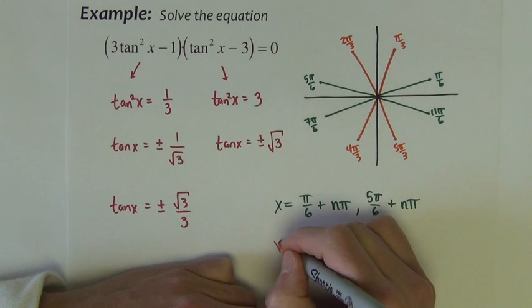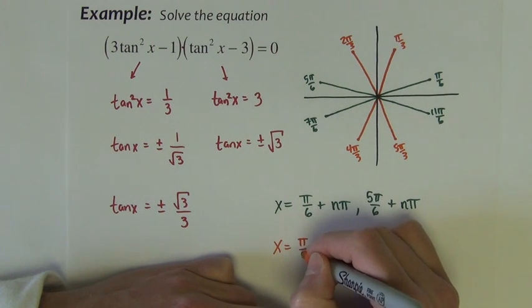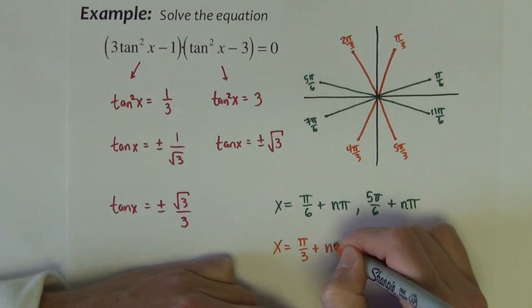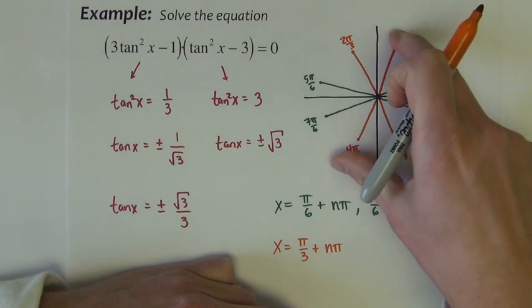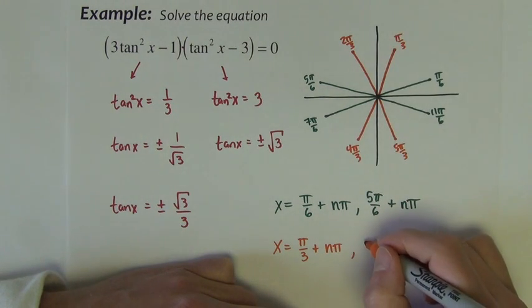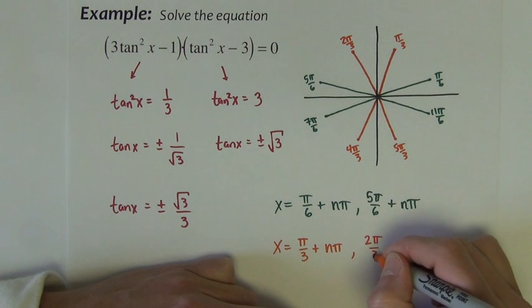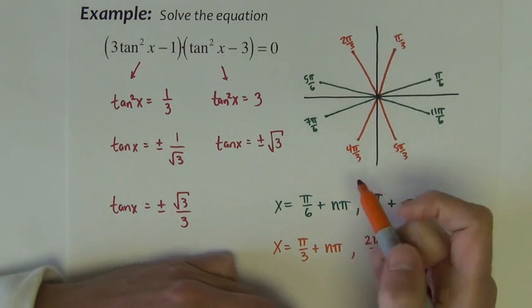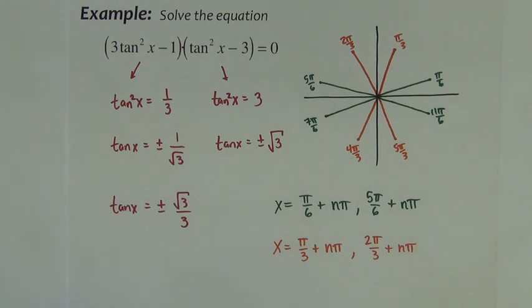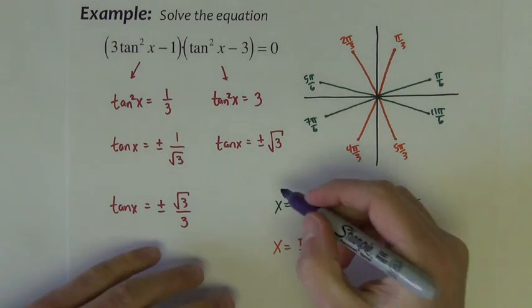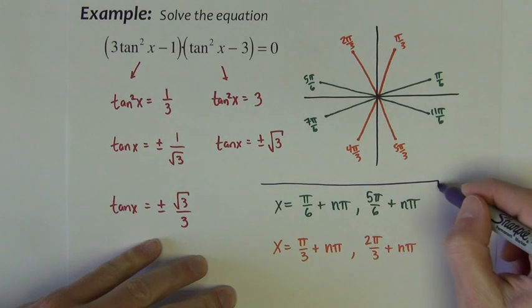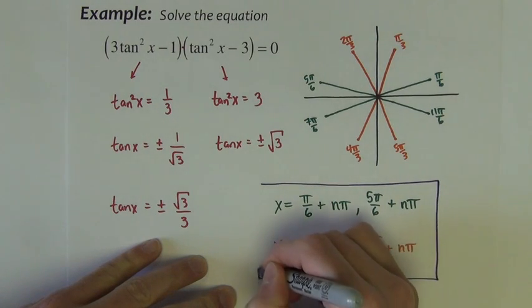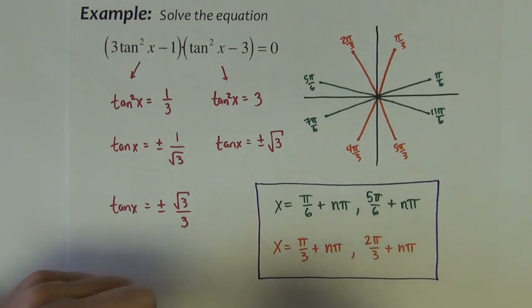So I'd also have solutions of pi over 3 plus n pi, that takes care of these two, and 2 pi over 3 plus n pi takes care of these two. So we want all of these answers. It's a lot of spots on the circle that solve this equation.